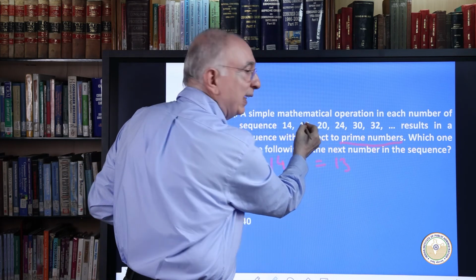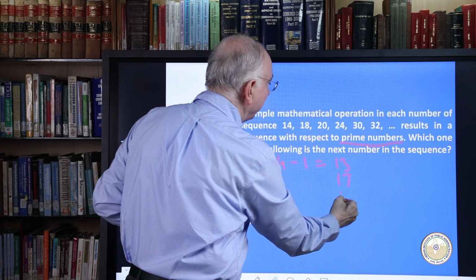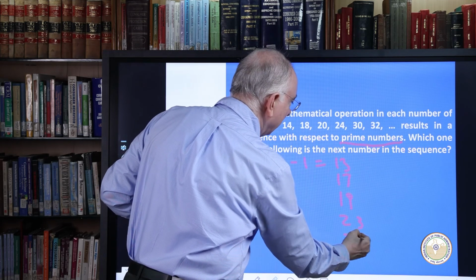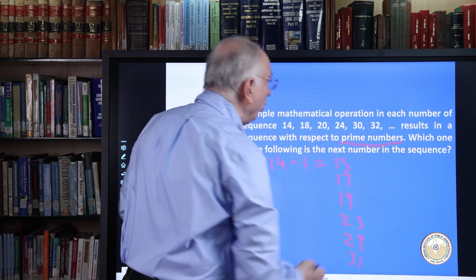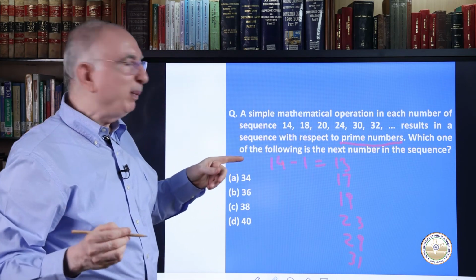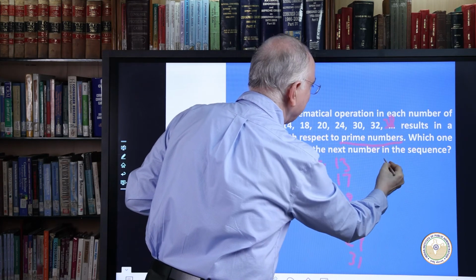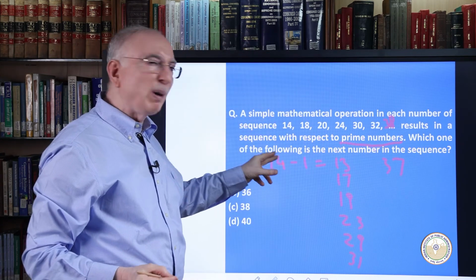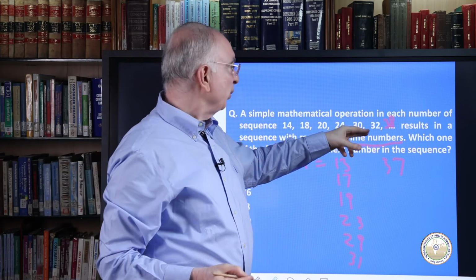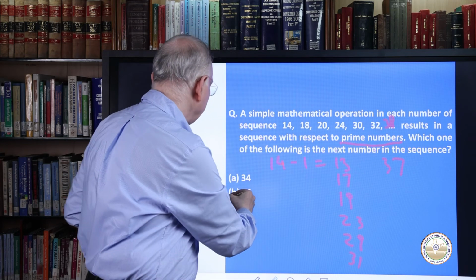So if we reduce 1 from 18, we get 17, likewise 19, then 23, then 29, 31. So we have to find out which will be the next number, and the next number will be 38, because the next prime number is 37. We are subtracting 1 from each of these numbers, so here in the prime number, we have to add 1 to get the next number in the series. So the correct answer is C.